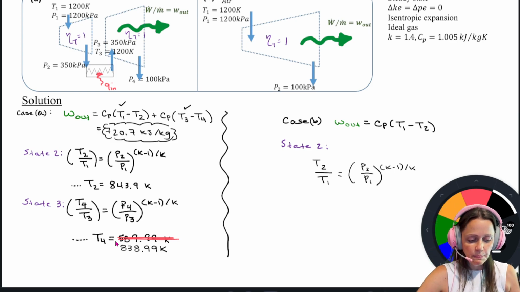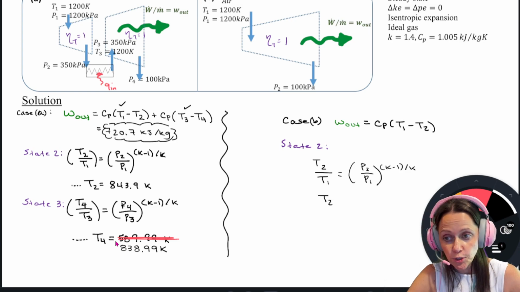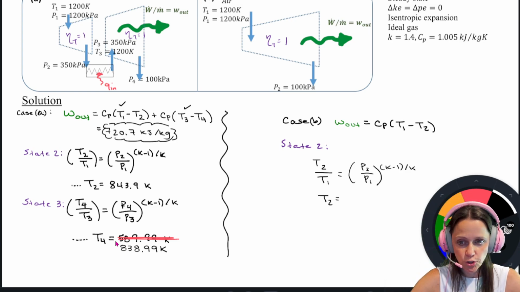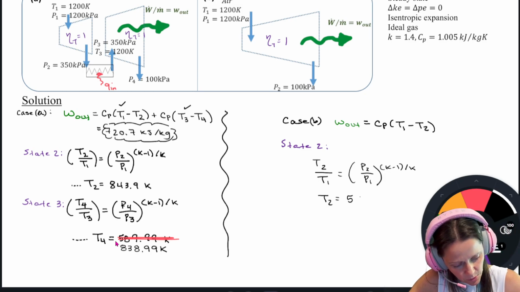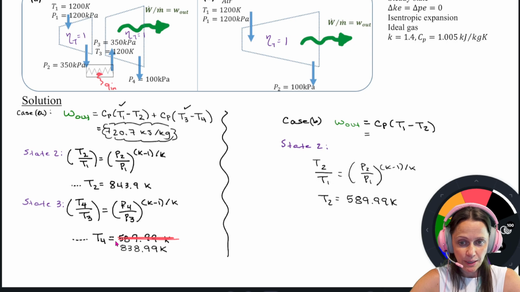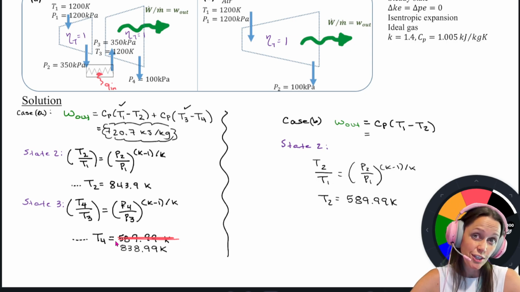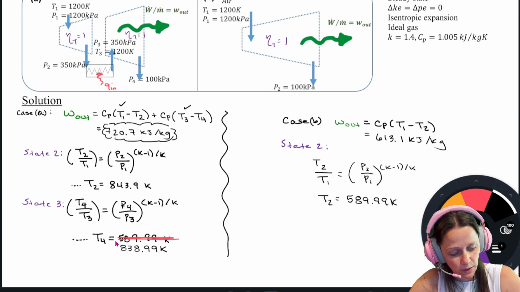But now my P2 over P1 is 100 over 1200. So my T2 ends up being 589.99. So I think that's where that number that I wrote down came from. And if I plug things in, I end up getting a value of 613.1 kilojoules per kilogram.